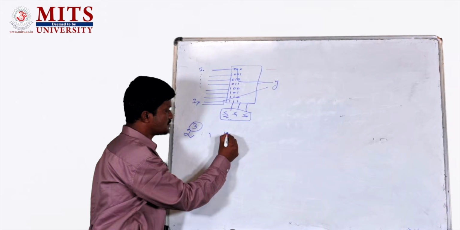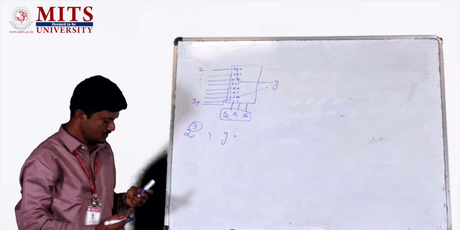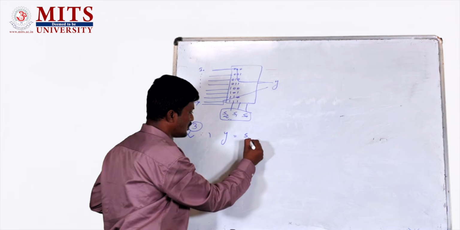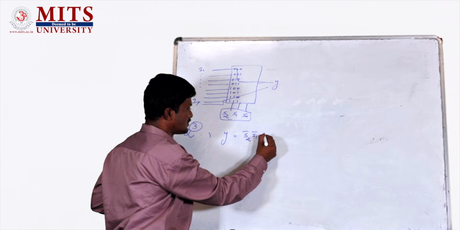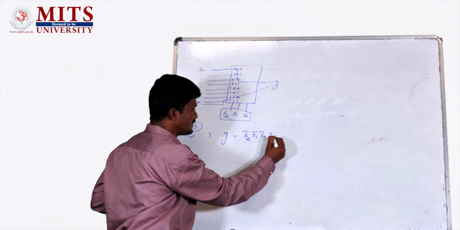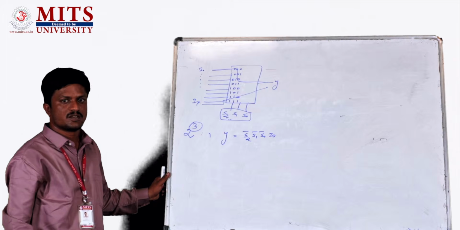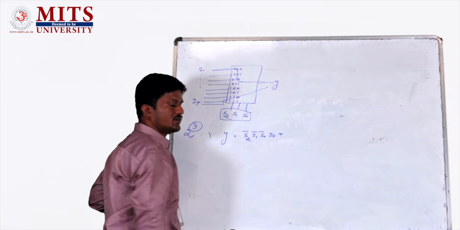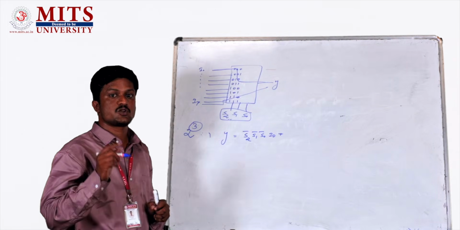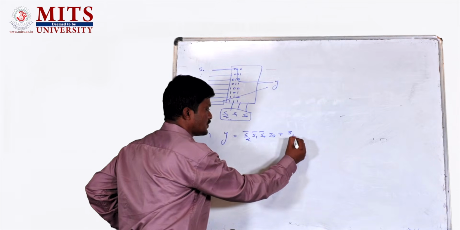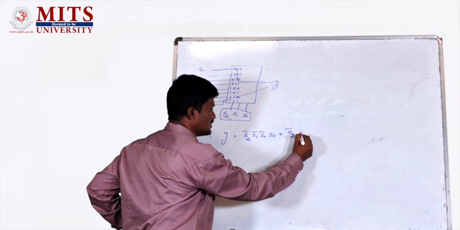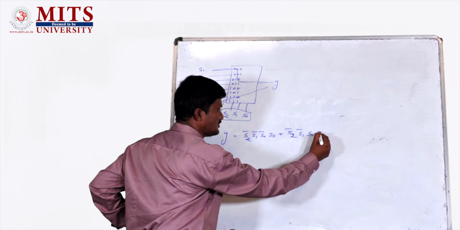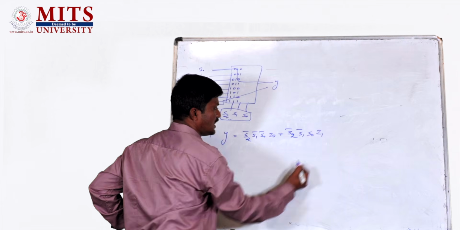So the logic expression of 8 is to 1 mux is S2 bar, S1 bar, S0 bar into I0, the first term. The next term is 0, 0, 1, so S2 bar, S1 bar, S0 into I1.